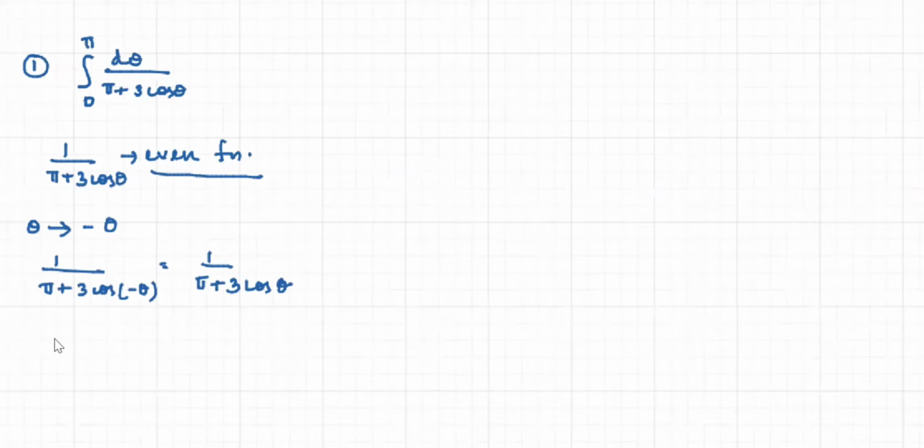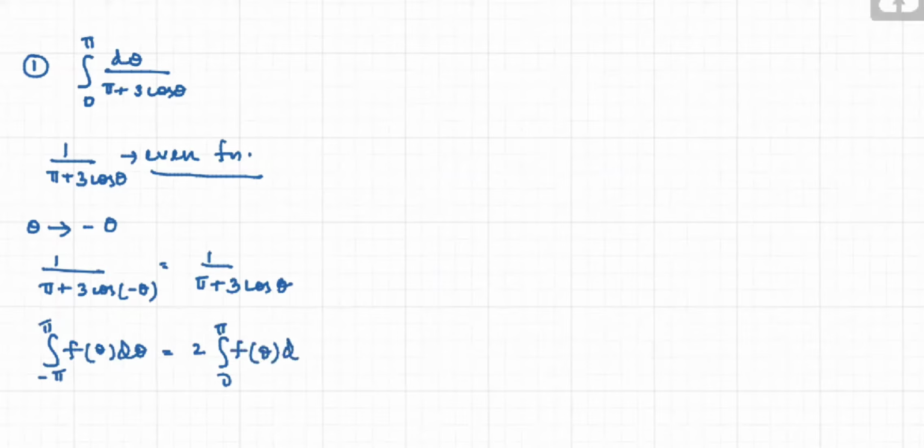Now we know that if you have an even function f, then integral from minus pi to pi f of theta d theta is equal to 2 times integral 0 to pi f of theta d theta. So this is the property of an even function.